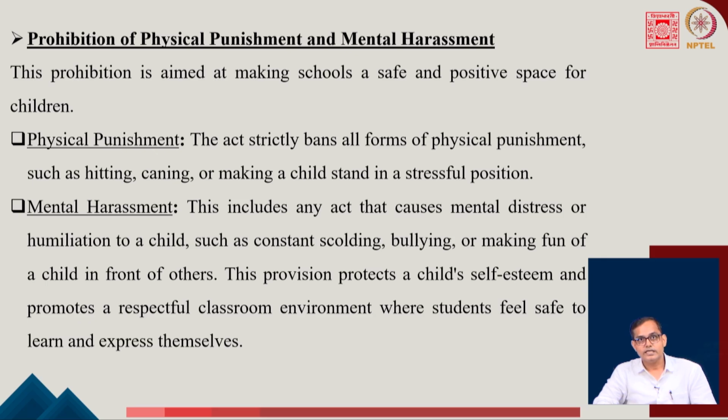This includes any act that causes mental distress or humiliation to a child such as constant scolding, bullying or making fun of a child in front of others. These provisions protect a child's self-esteem and promote a respectful classroom environment where students feel safe to learn and express themselves.